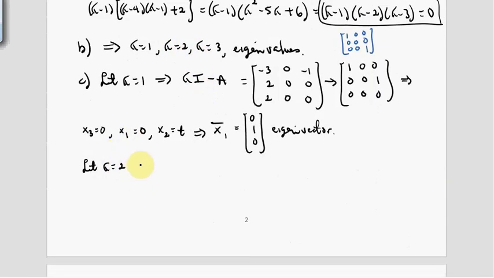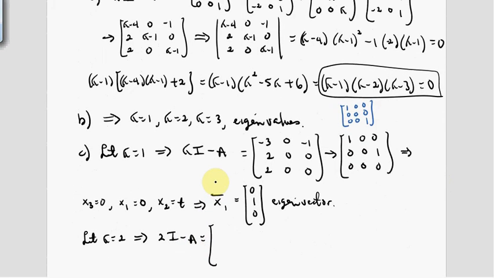So let lambda equal 2, and this implies that 2 times the identity minus A gives us, I plug in 2 for lambda, I get 2 minus 4, negative 2, 0, negative 1, 2. 2 minus 1 is 1, 0, 2, 0, and 1.